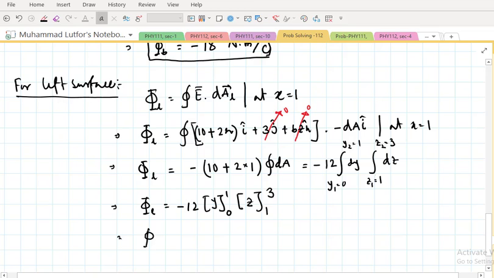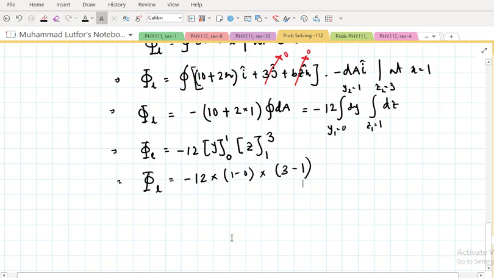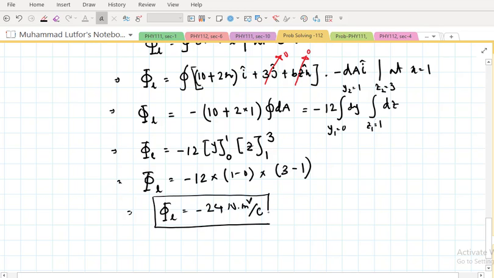Then I'll find out phi left would be minus 12 into (1 minus 0) into (3 minus 1). So that's going to be minus 24, right? So then phi left would be minus 24 Newton meter square per coulomb. So this is the left surface.